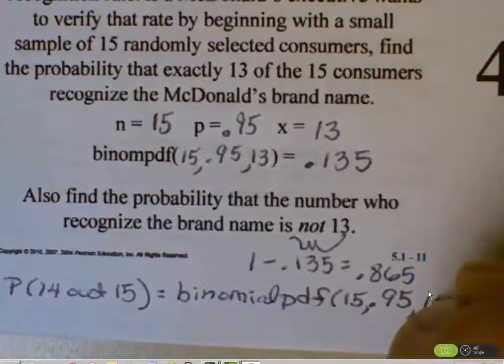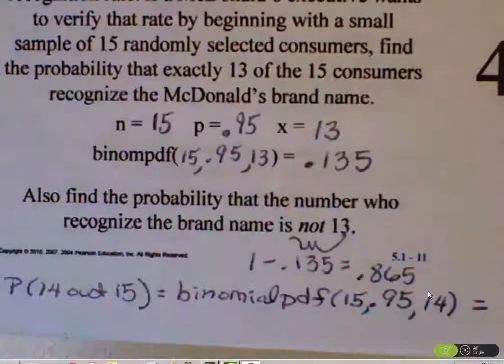What's the probability that exactly 14 of them do? I pulled up binomial PDF, 15, comma, 0.95, comma, 14, and found that probability to be higher, 0.366.